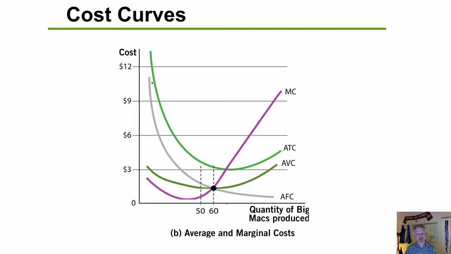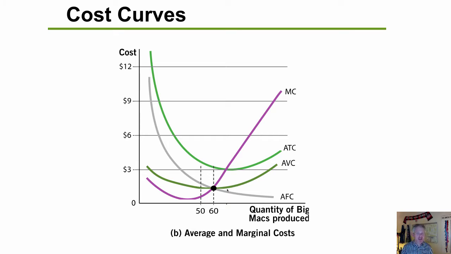Well, it's because, notice, the average fixed cost is still falling through this. It's only after the point where average variable cost starts going back up that you still get a few more units where falling fixed cost overpowers the average variable cost.